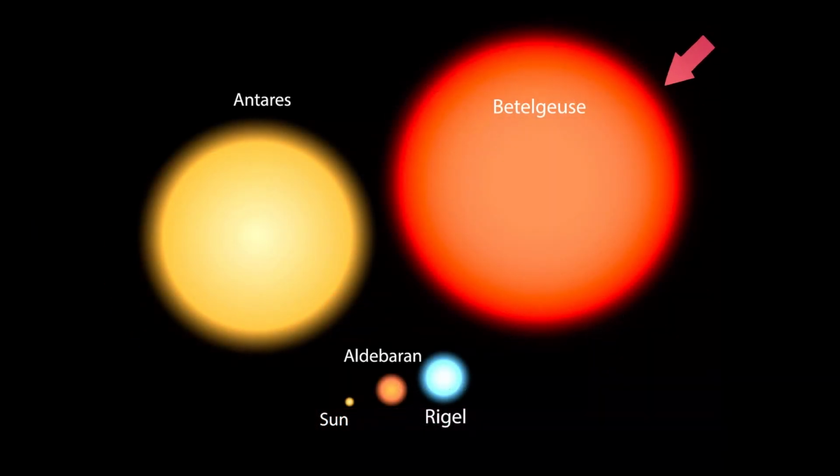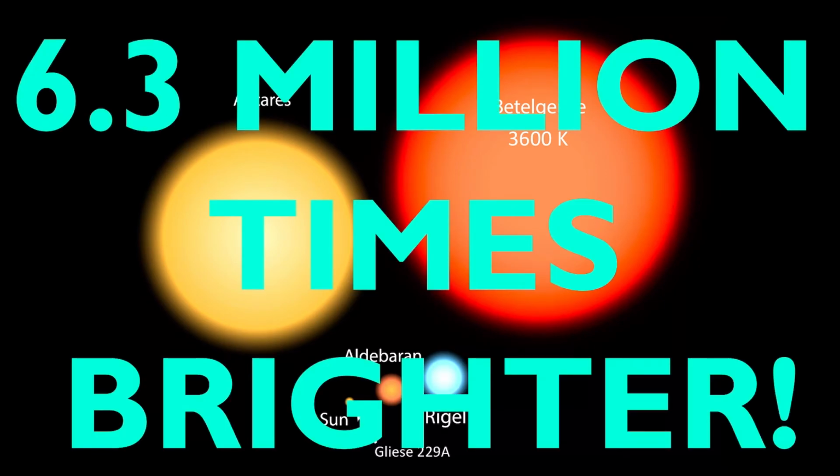Now compare that to Betelgeuse, whose spectral type is also M1 or M2 depending on the source, and who has a temperature of also 3600 Kelvin. But its luminosity is almost 126,000 times brighter than the Sun, which was already 50 times brighter than Gliese 229A, which means that Betelgeuse is 6.3 million times brighter than Gliese 229A.